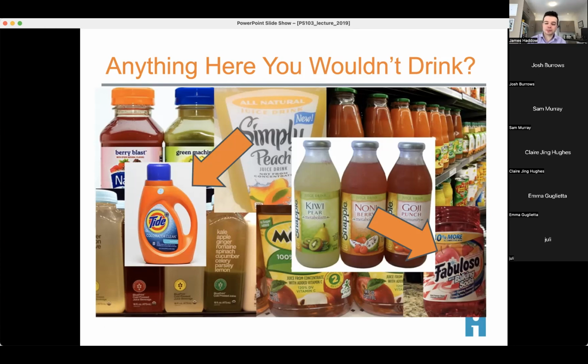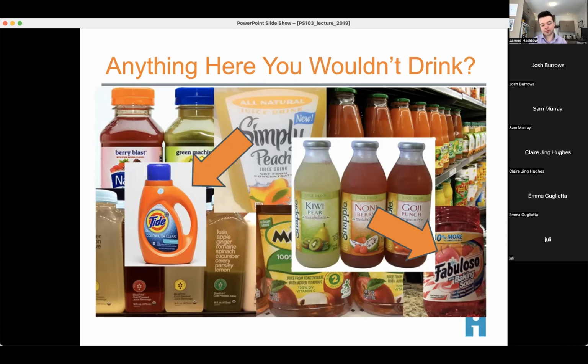And the word fabuloso actually doesn't mean much as to what's inside it. So if you only focused on the title, again, you might assume it was edible. So this is an example of a mismatch in signaling from the packaging compared to what's inside it. And that's where heuristics come in.